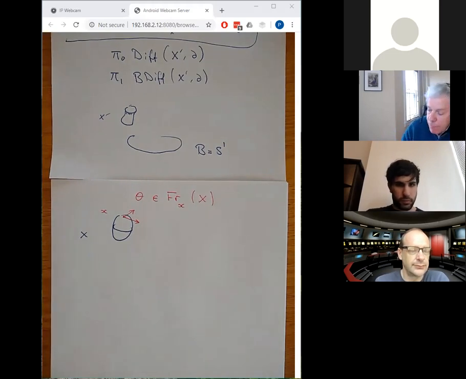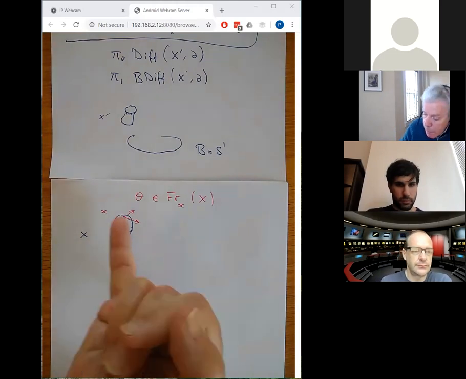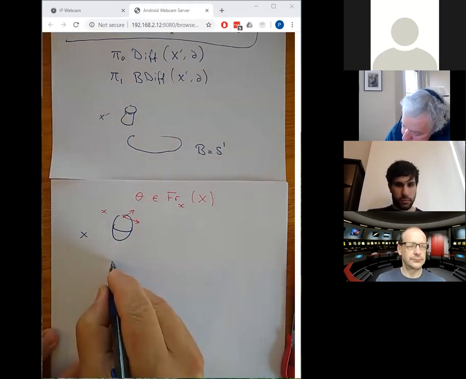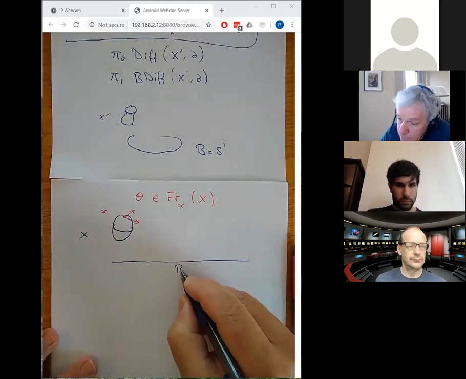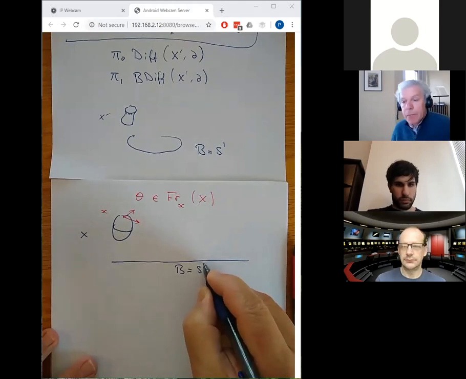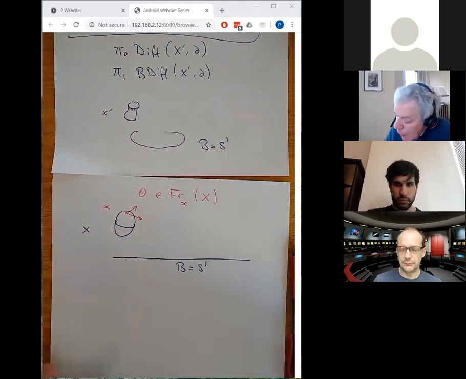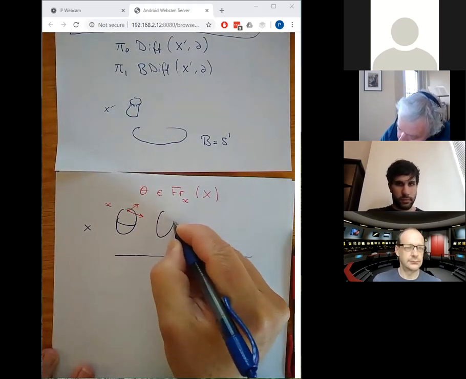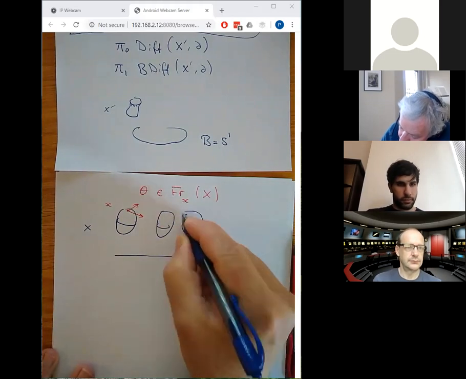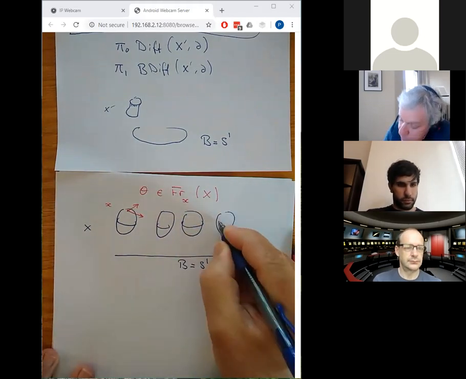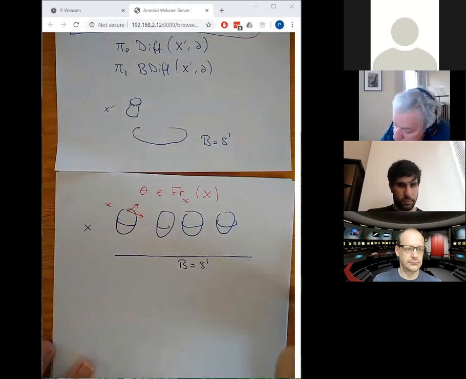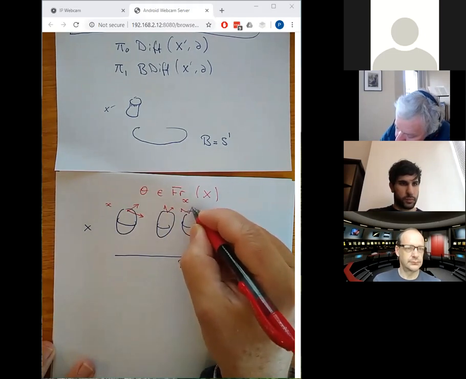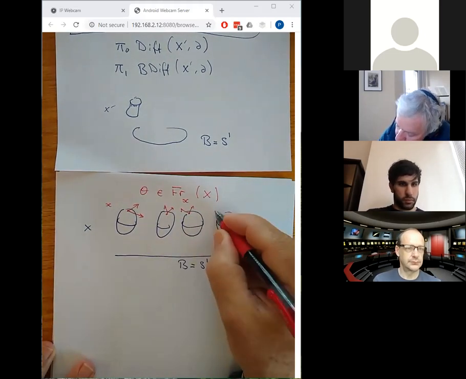So we can think of families of such objects over the circle. We've got a picture here now of the base, which is the circle, and a family of X's with a family of framings at the base point x.